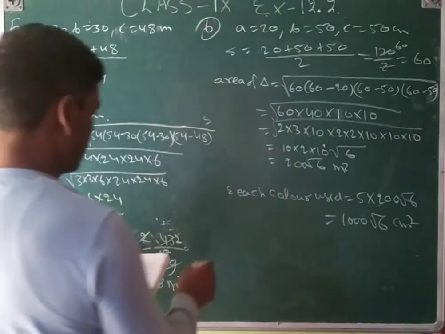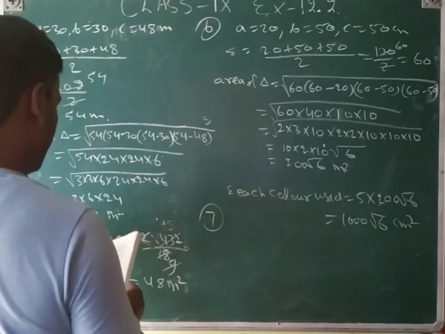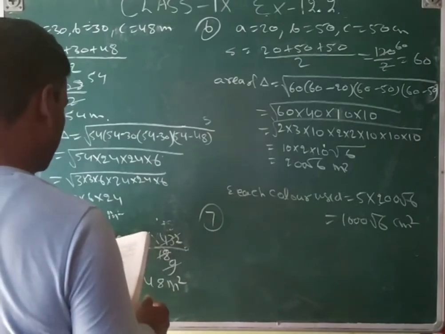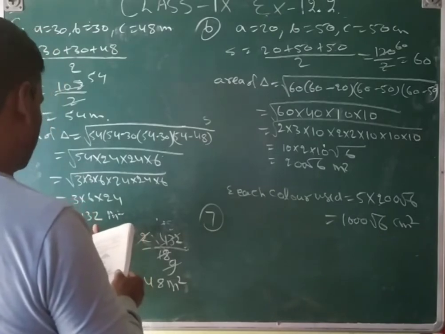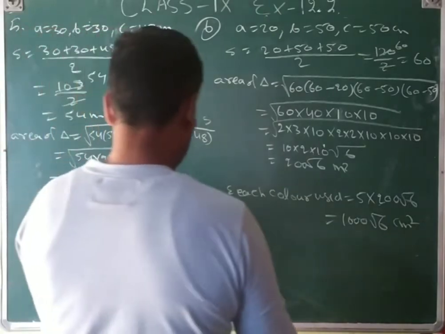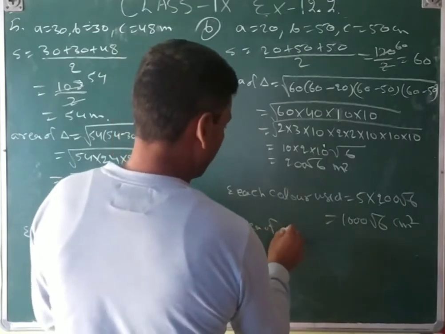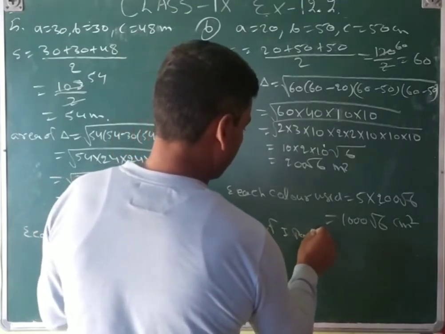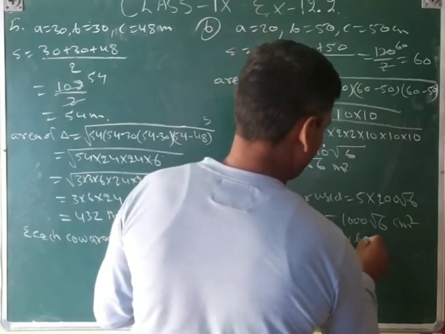Now the seventh question. The diagram is given here, and the diagonal is given as 6 6 each 8. So the area of the first part is equal to 1 upon 2 into base into height.